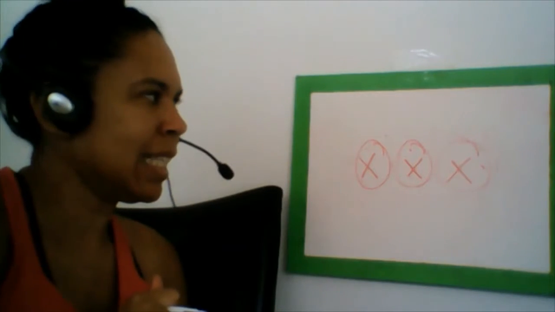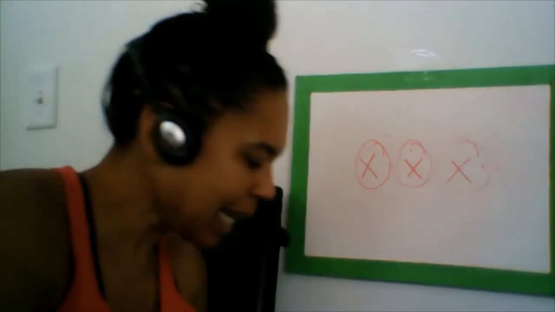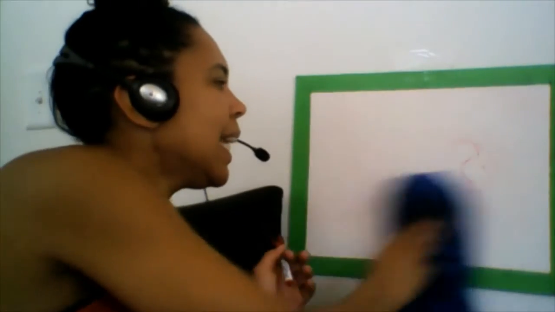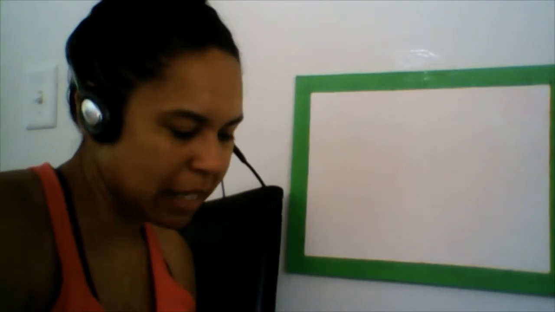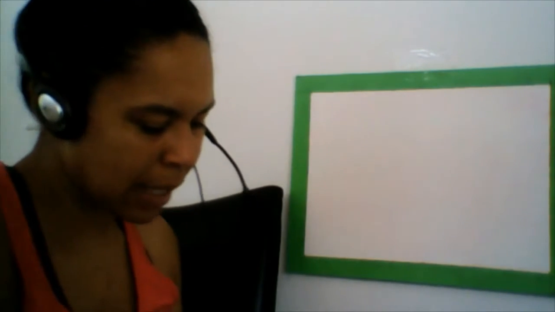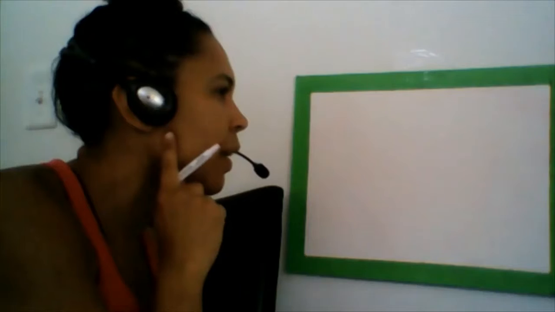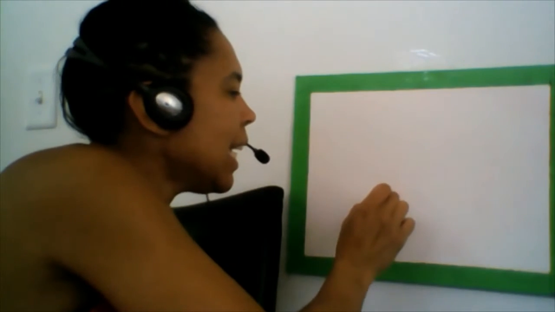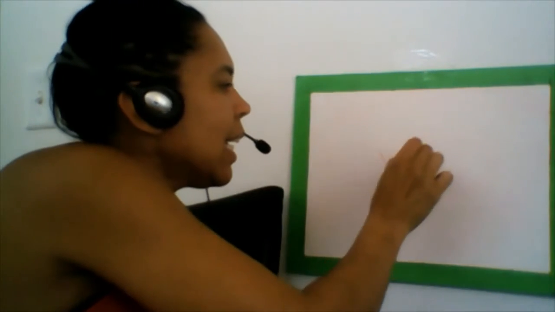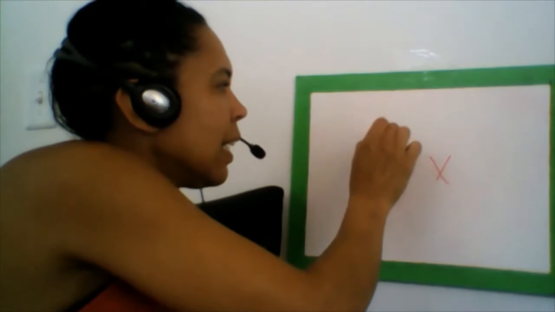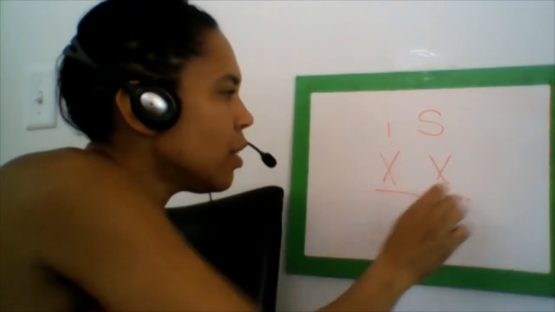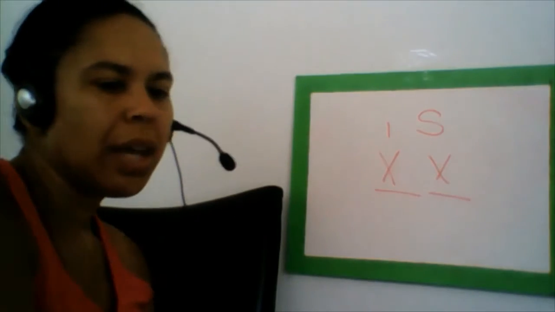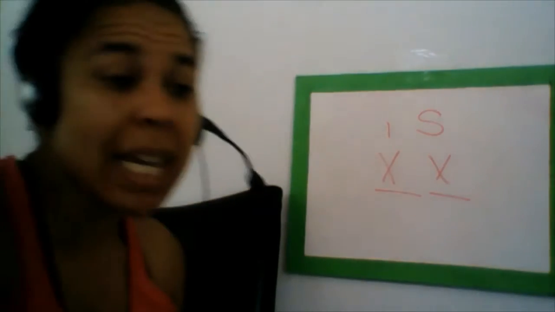What about is? If I have the word is, how many X's am I going to need to represent the sounds that I hear in is? How many sounds do you hear? 1, 2. How many? You had 3?